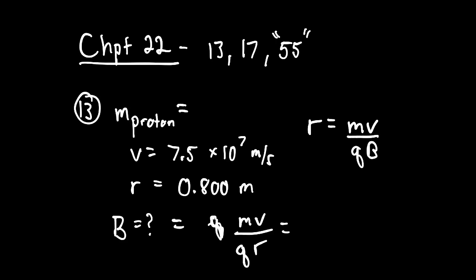Yeah, it's on your cheat sheet: 1.67 times 10 to the negative 27.